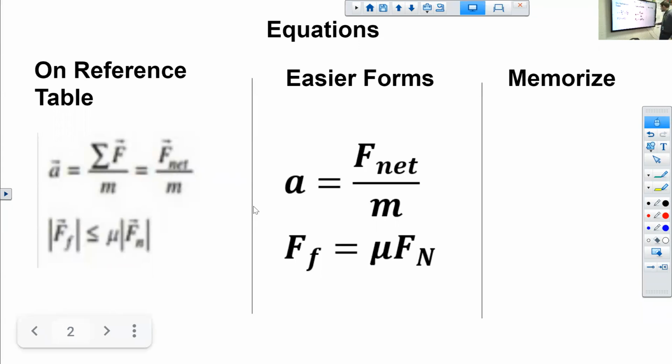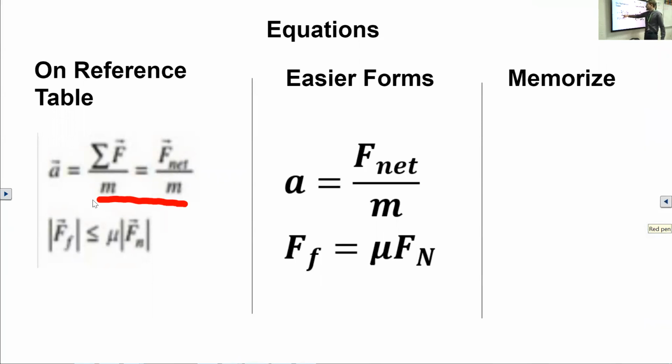Okay, so these are really blurry force equations, but it's just F net equals MA and the force of friction equation. Notice the force of friction equation is equal to or less than U times normal force. We'll talk about that a little bit more at the end. The easier versions of these equations don't have that.